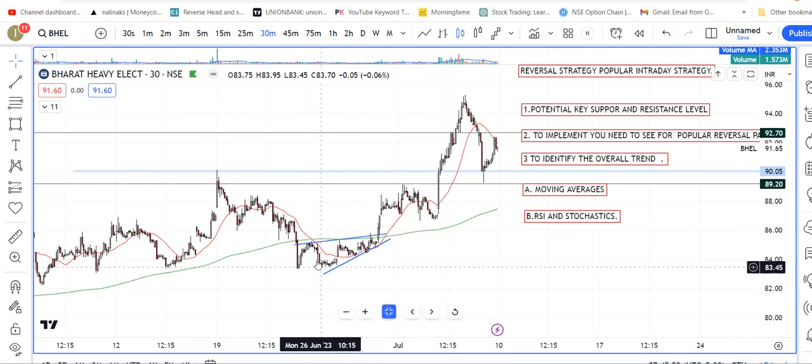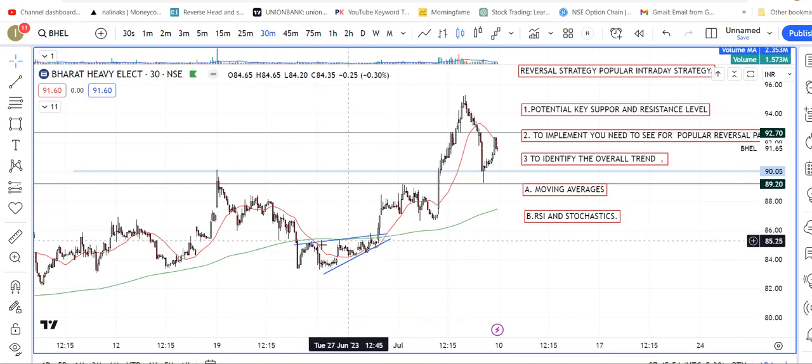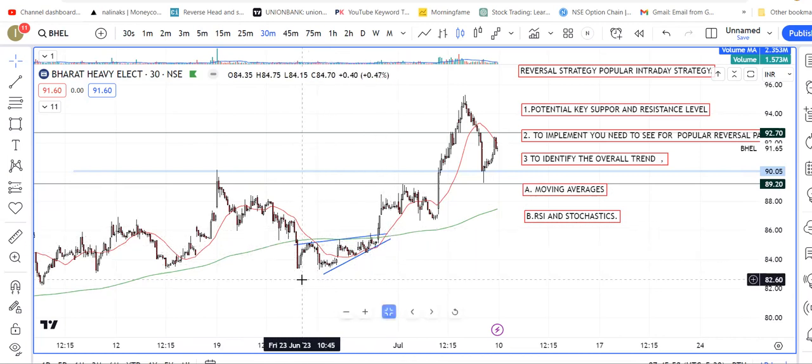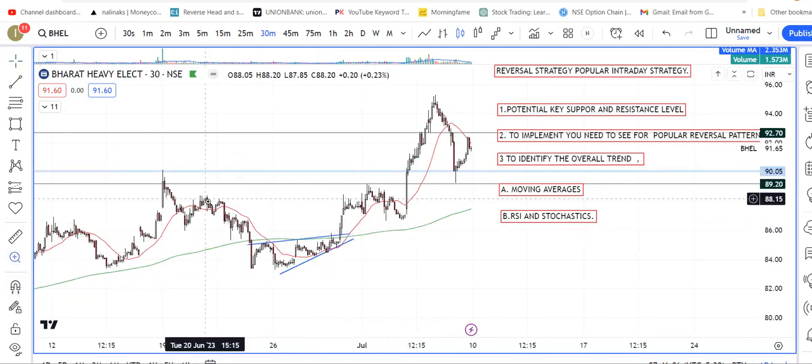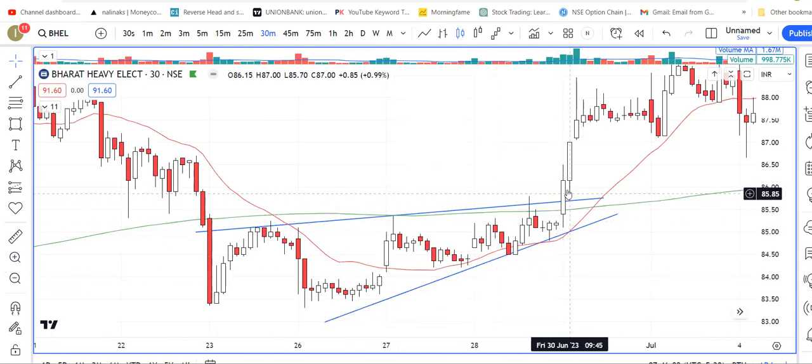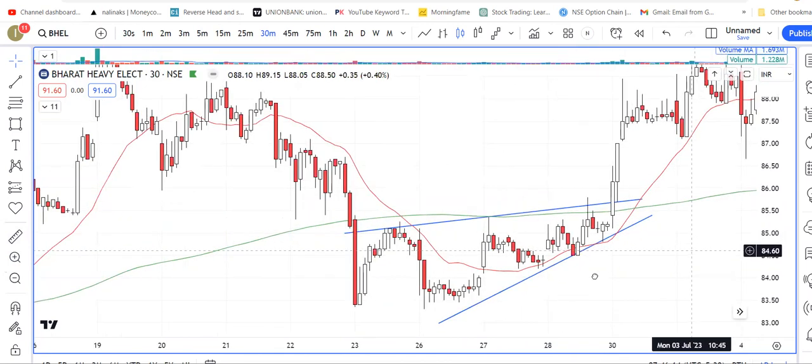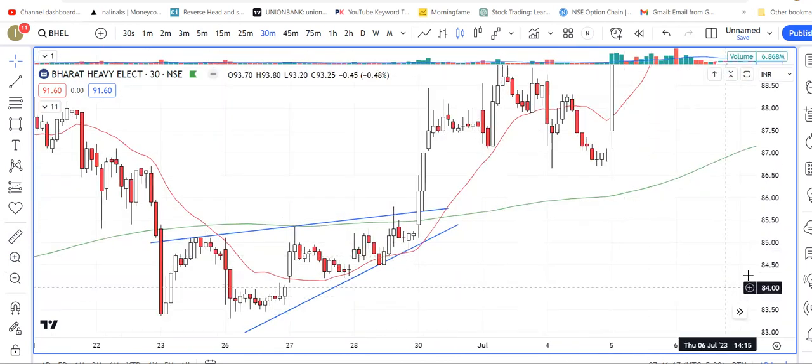What is happening here is accumulation. When accumulation is taking place, you can look for candlestick reversal patterns, and when price starts pushing above this area with a big candle and volume build up, you can go long in the intraday strategy.